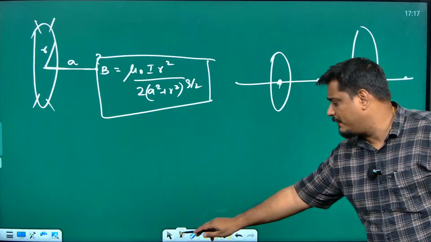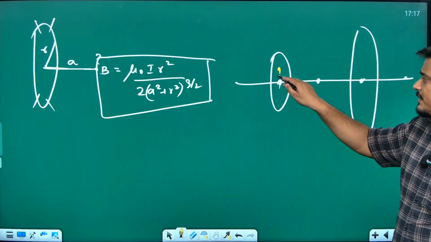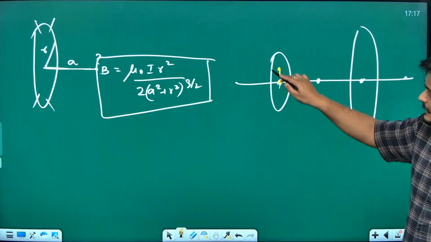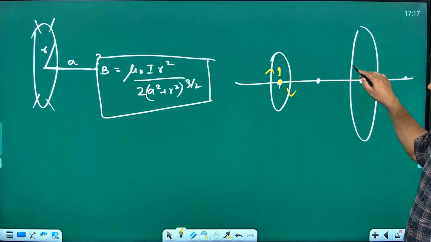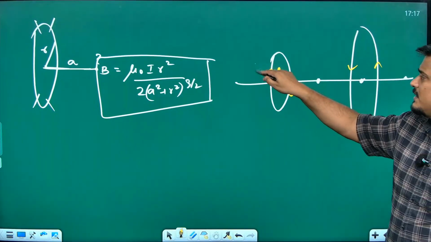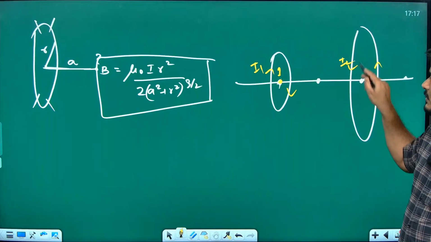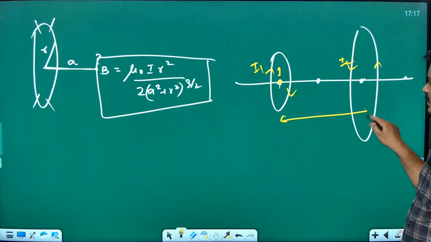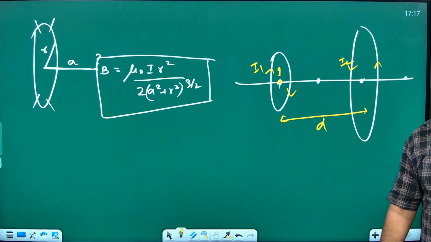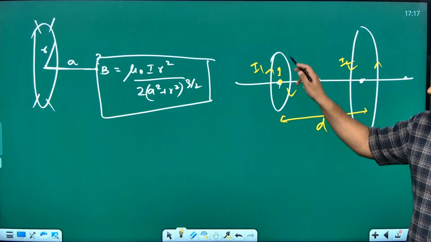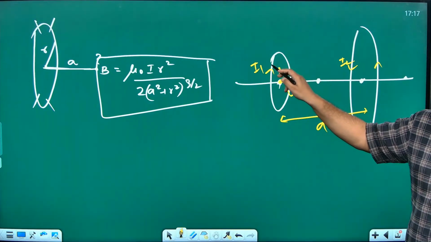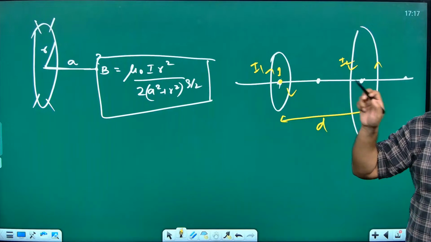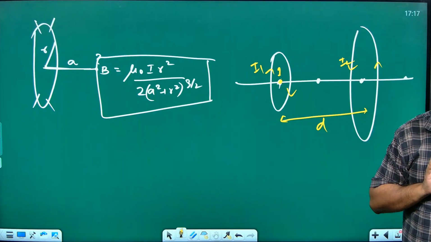Suppose they ask you to find the net magnetic field at this point number 1. Suppose here the current is clockwise, here the current is anti-clockwise. Here the current is I1, here the current is I2, and the distance between them is D. Then at point number 1, for this circular current carrying conductor, at its center, the magnetic field will be mu naught I by 2R.